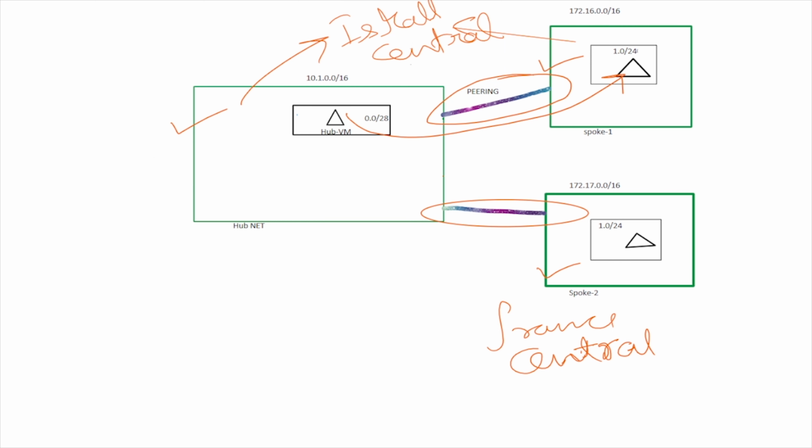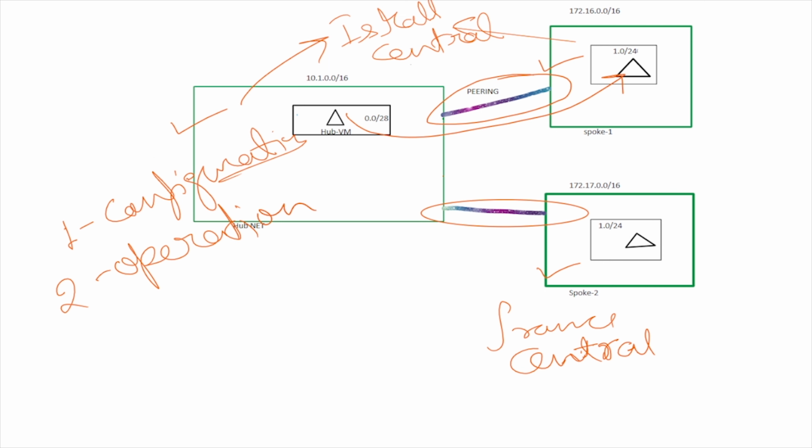When we configure a peering between virtual networks, it is a single configuration on the Azure portal, but two operations. Means when we configure a peering between two VNets, one peering will be established from hub to spoke one, and the other peering will be established from spoke one to hub.